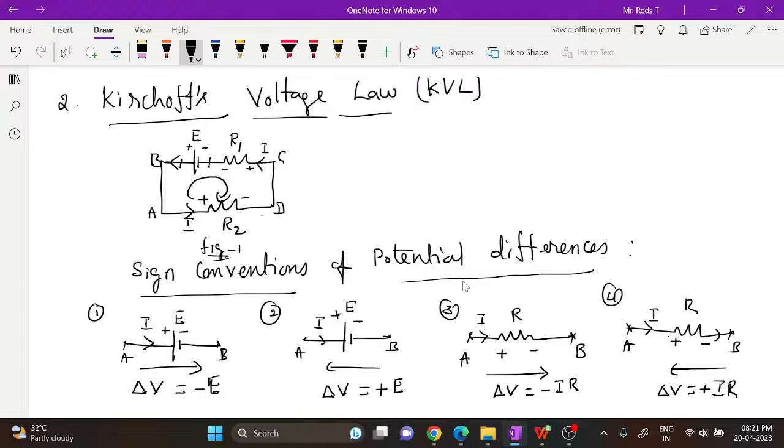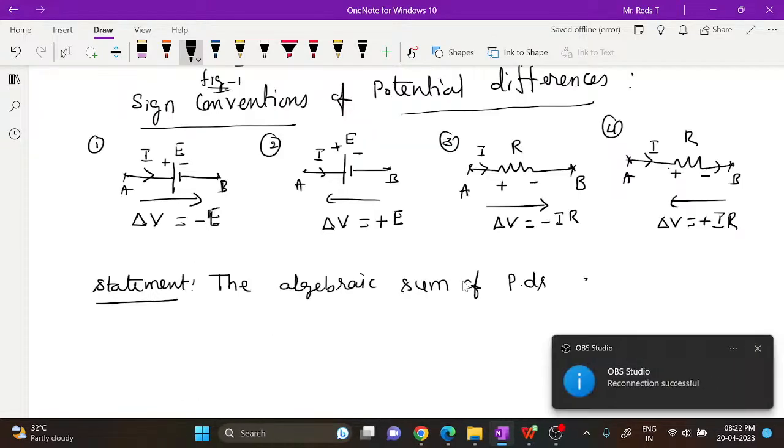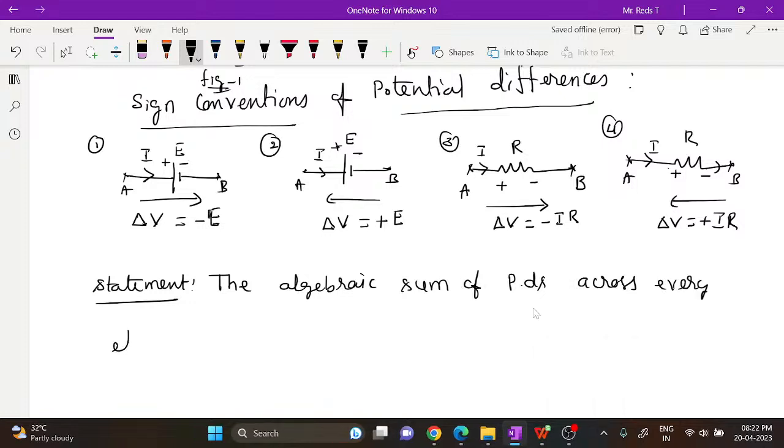Okay, when you are taking the loop in the clockwise direction, apply KVL.